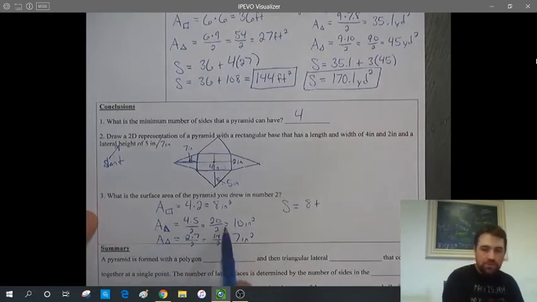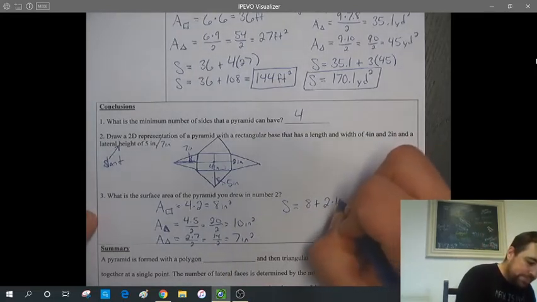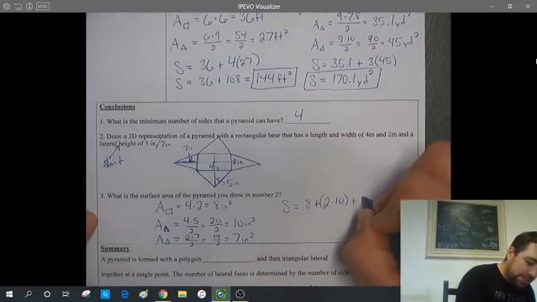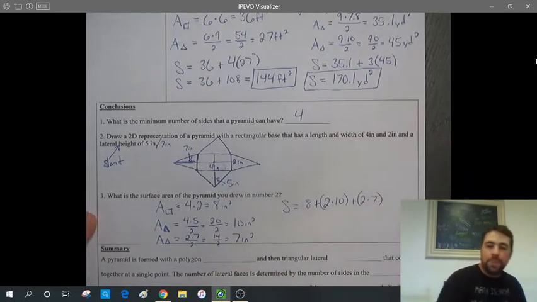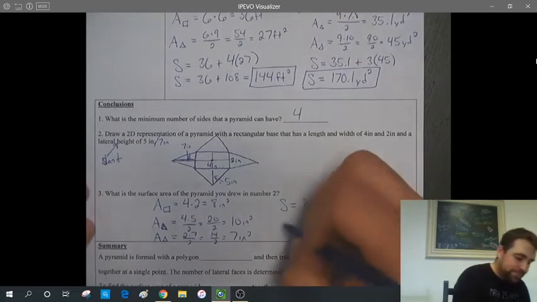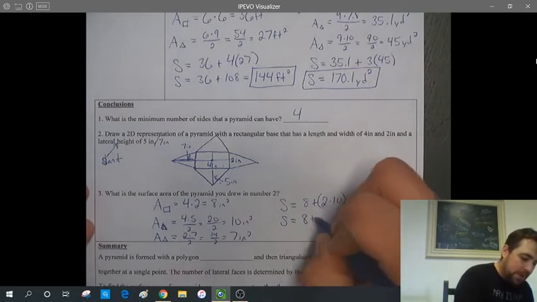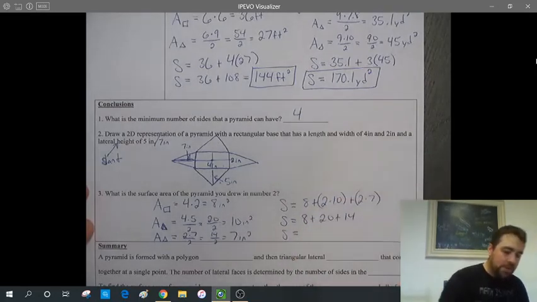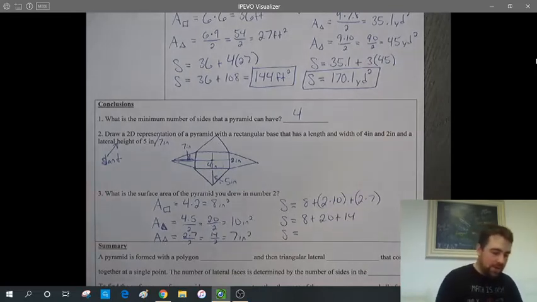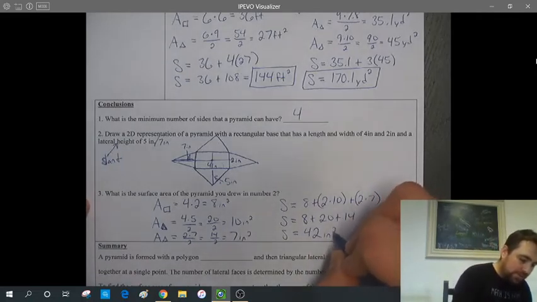We have 2 pairs of similar triangles, so 2 times 10 plus 2 times 7 for each of our triangles. All in total, 8 plus 20 plus 14. And if we add that all up, 28, 32, 42 inches squared.